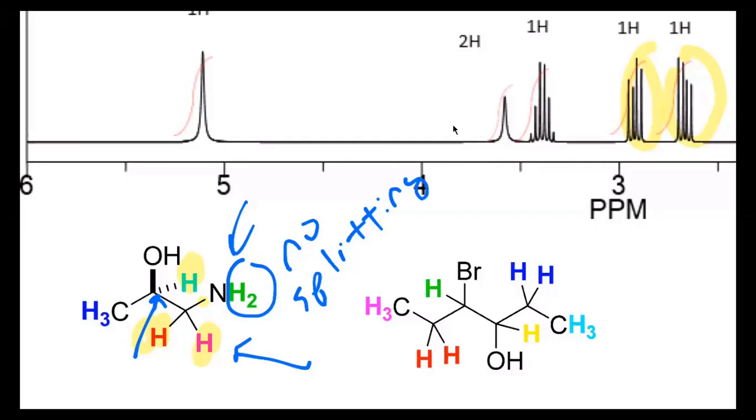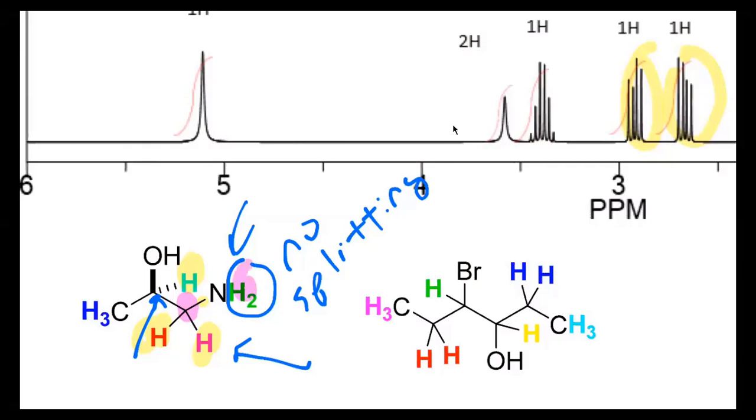No. So we're looking at these hydrogens. Let me back up. The question I asked was if there was no chirality at all, how would these hydrogens show up in the spectrum? And to add on to that information, the NH2 is not going to split.